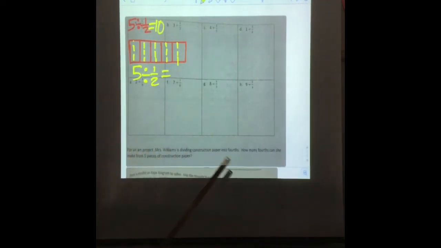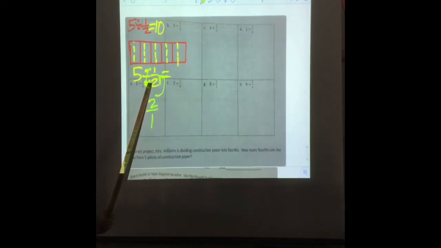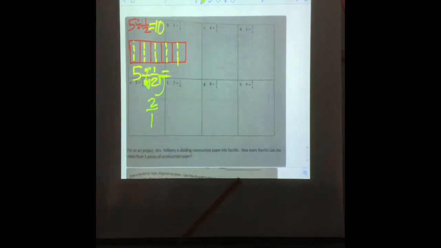By half, we're going to flip the half over. So it's going to be 2 over 1. We're going to flip our division sign. What's the opposite of dividing? It would be multiply. We put a 5 and we put a 1 under the 5 because 5 wholes is 5 over 1, right?